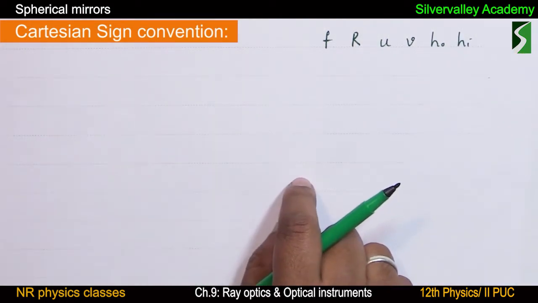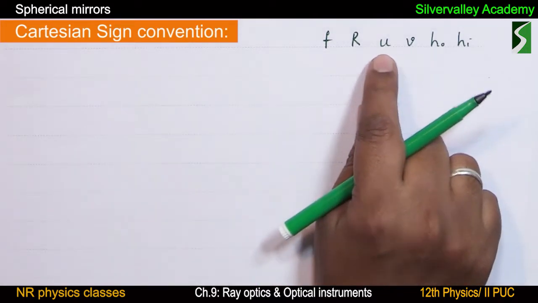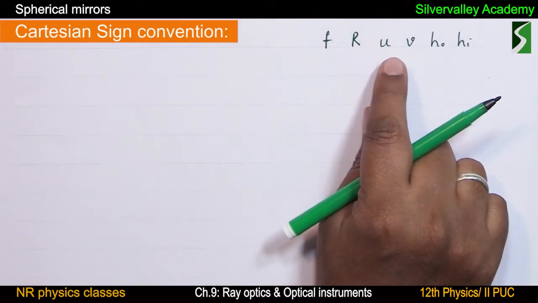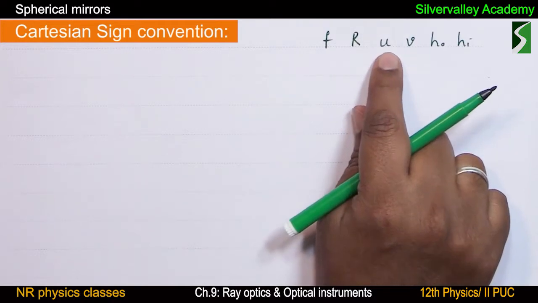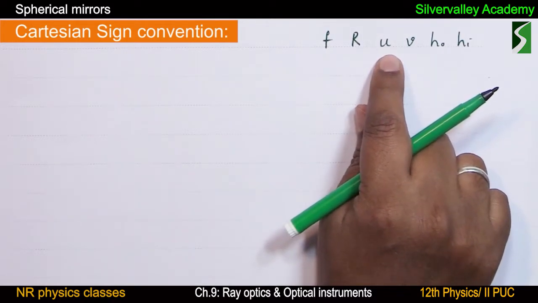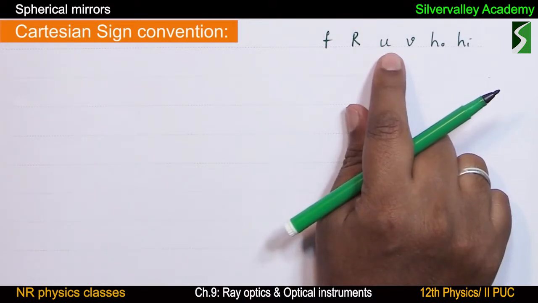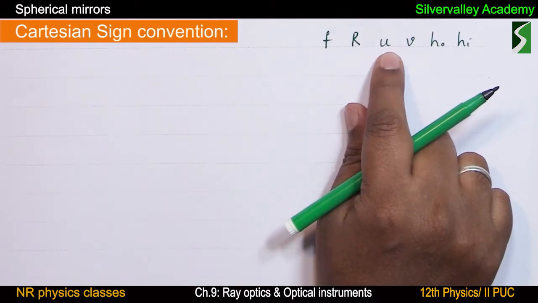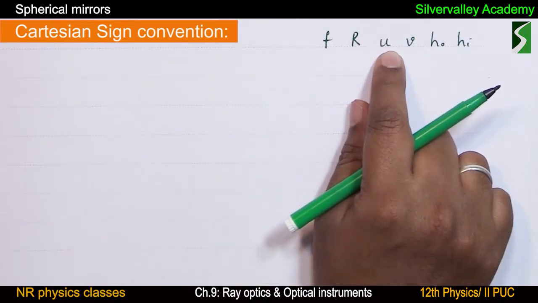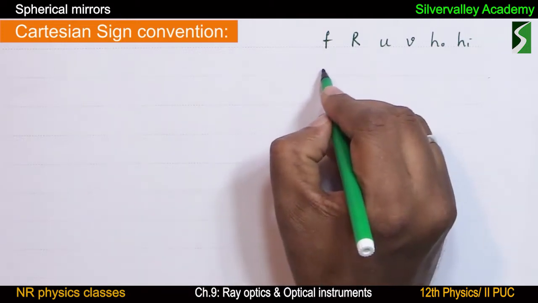So it is appropriate to consider the direction of light. With respect to the direction of light, with respect to reflection, incident direction, one has to fix the formula. So that is why we consider sign convention. The simplest sign convention is the Cartesian sign convention.